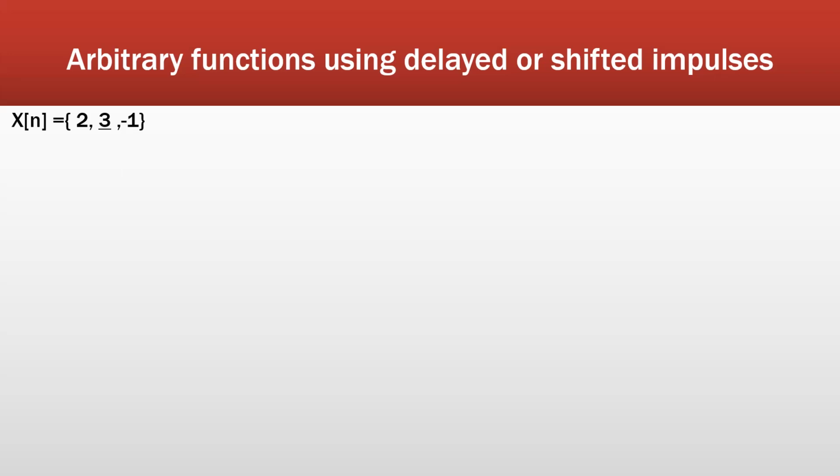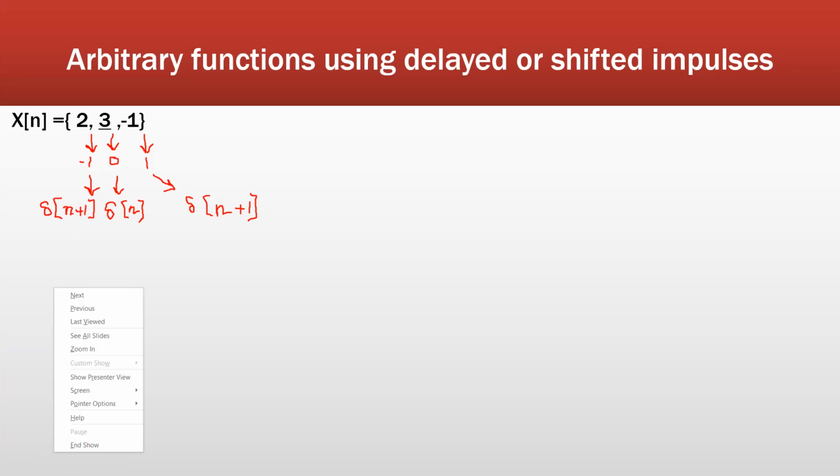This is again given an input set. At 0 index the value of x of n is 3, at minus 1 index it equals 2, and at index 1 it equals minus 1. Now rewriting it in delta form, if index is minus 1, it means there is a shift of plus 1, and at 0 it is delta of n, and at 1 it is delta of n minus 1.